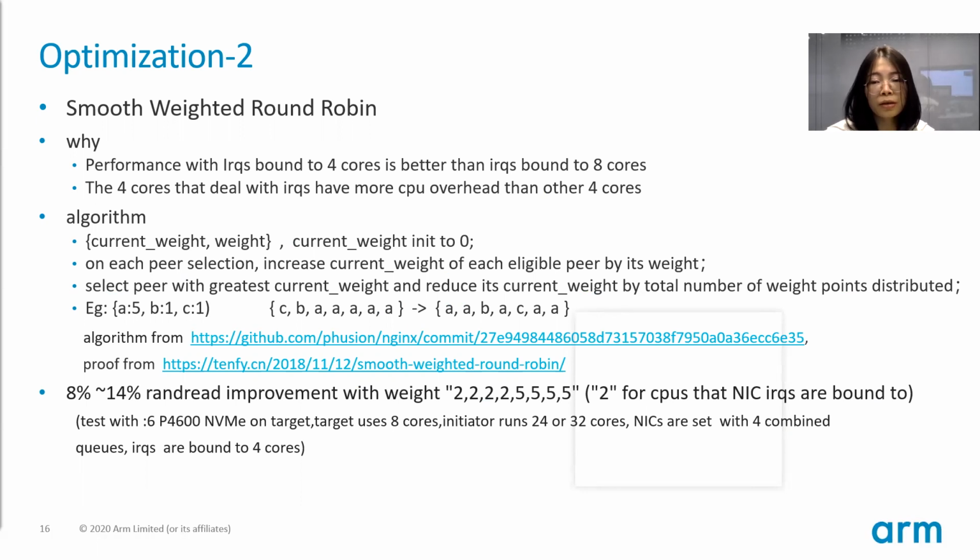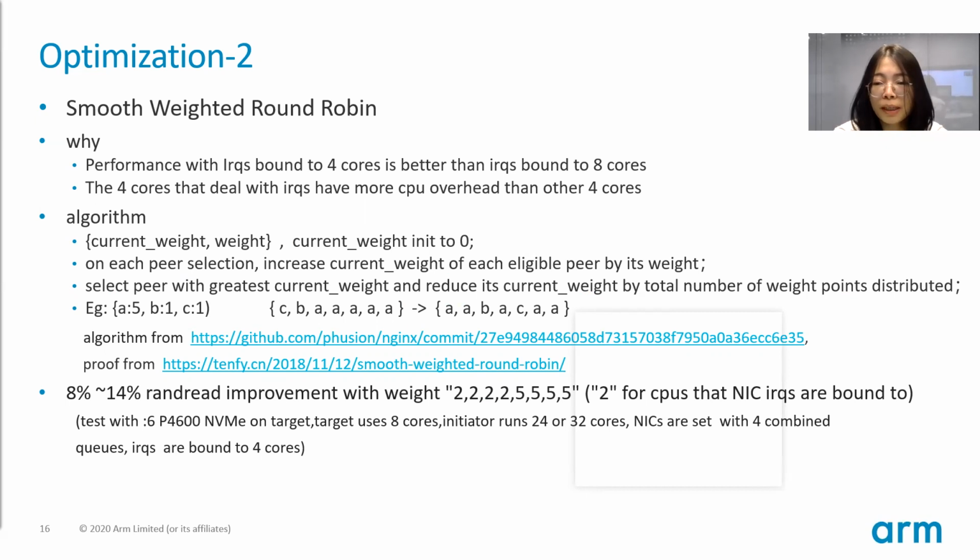So we introduce a weighted round robin. Smooth weighted round robin not only ensures the distribution is in line with the weight, but also makes sure that the nodes are selected evenly in a period. And this algorithm is not complicated.